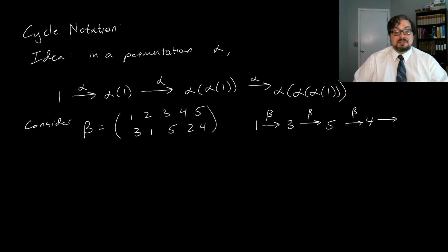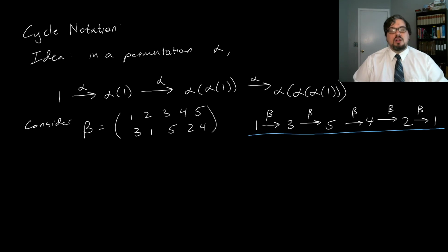And if we apply beta to 4, we get 2. And if we apply beta to 2, we get 1. And this right here captures all of the information about beta. It tells you where everything goes. Everything in our set from 1 to 5 shows up somewhere in this beta. So we can see here, if I want to know where does beta send 5, I just have to find where 5 appears in this sequence and see what the next number is.